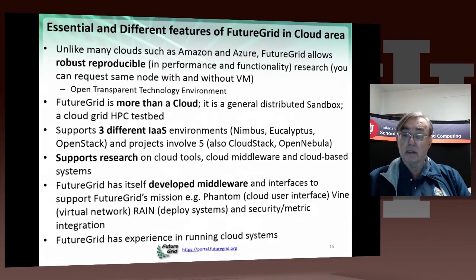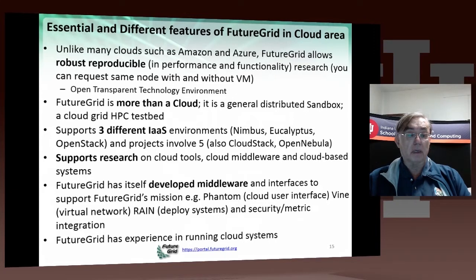We're not tending to do just production. We do research on tools and middleware and systems, as well as some modest amount of science production. And another key feature of FutureGrid, which I've already described, is we developed quite a bit of middleware.